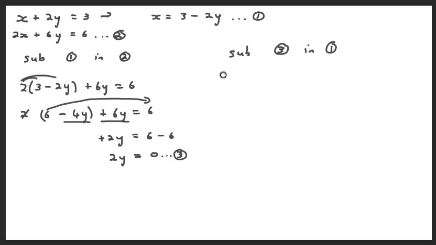After that, you're going to say that x will be equal to 3 minus 2 times 0, because 2y is 0. Now, if you have 2y here, y will also be equal to 0, because 0 divided by 2 will still remain 0.